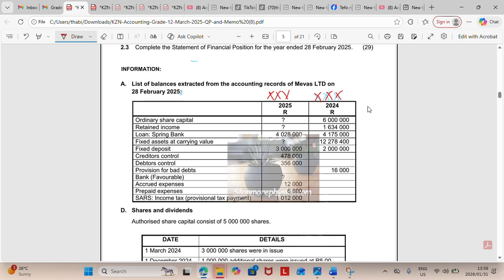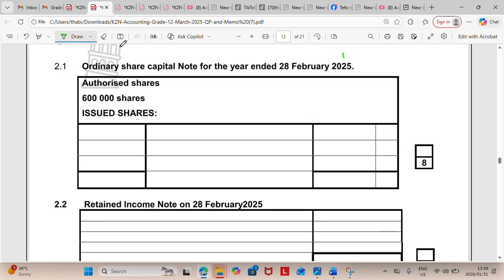So on the ordinary share capital, we have this opening balance of 6 million. We go and write the opening balance of 6 million. Okay, here's the opening balance.